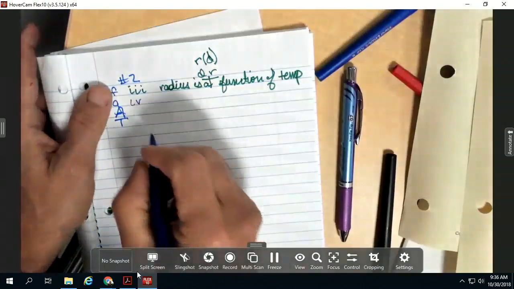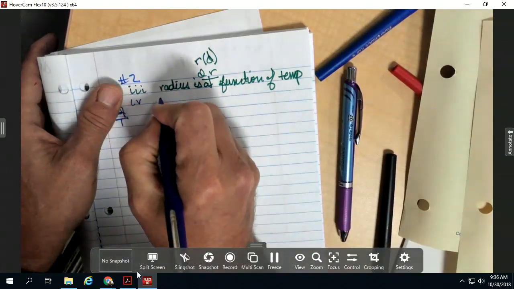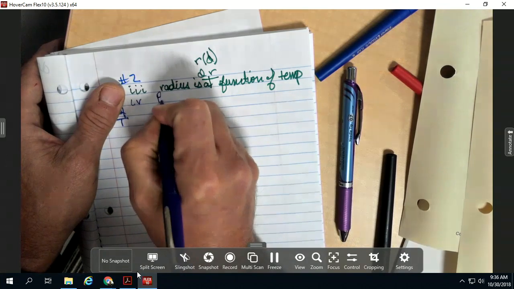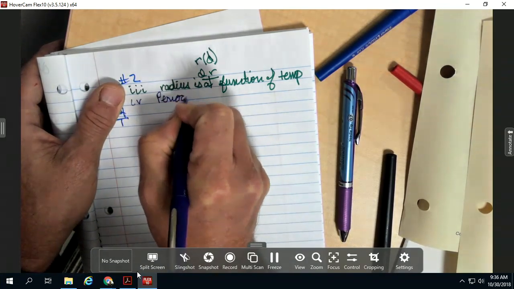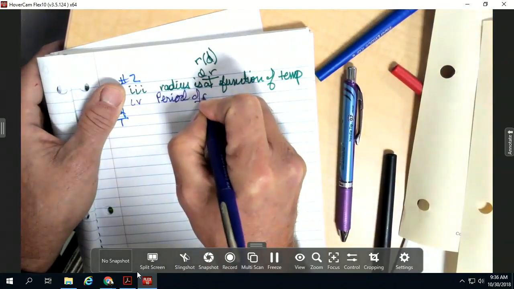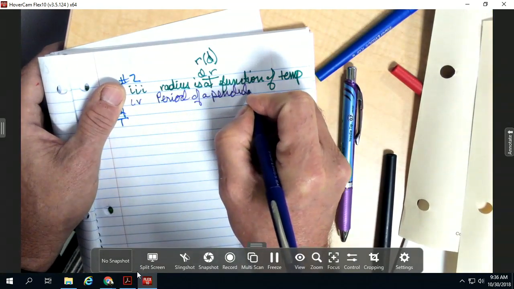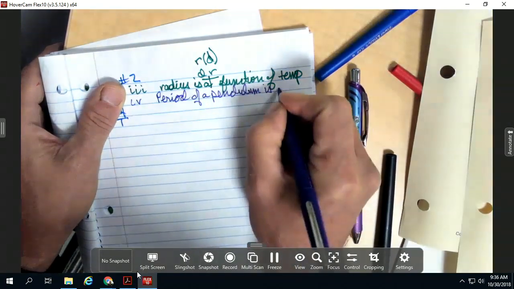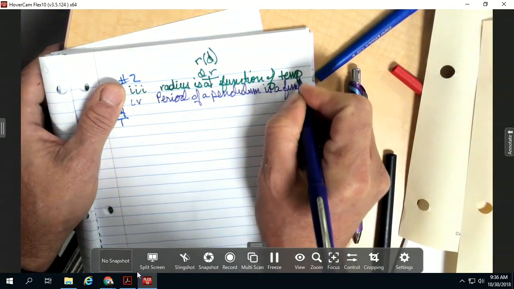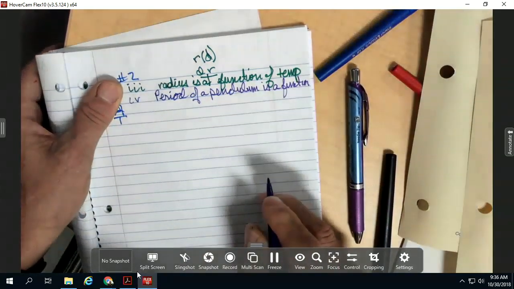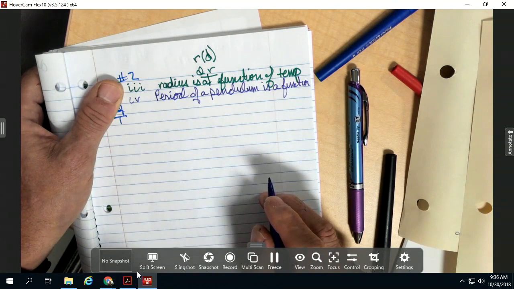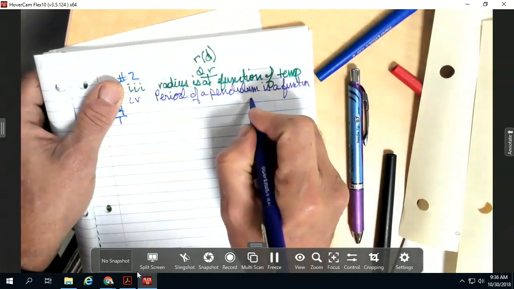And then how would you say it? Period of a pendulum is a function of its length.